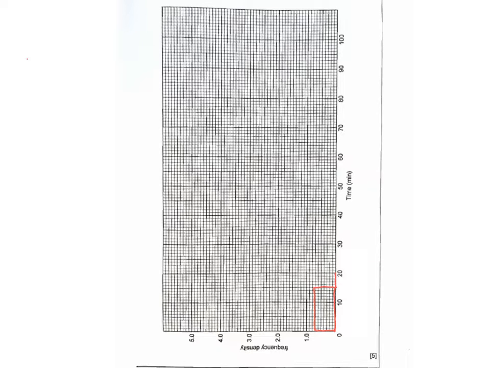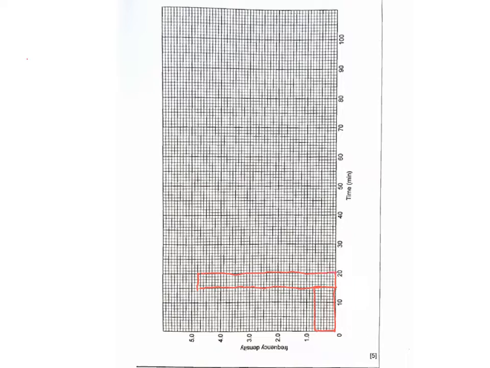Then we go 4.8, 0.6, 0.7, 0.8 is here. You just draw your bar with that. Sorry, not straight, because the ruler is thick, but I hope you understand.